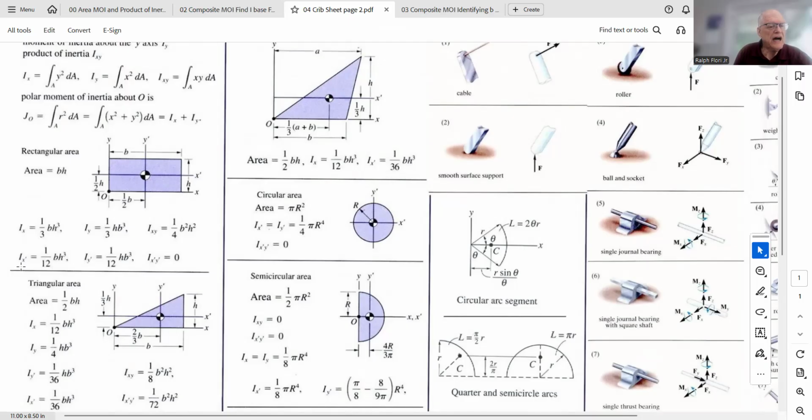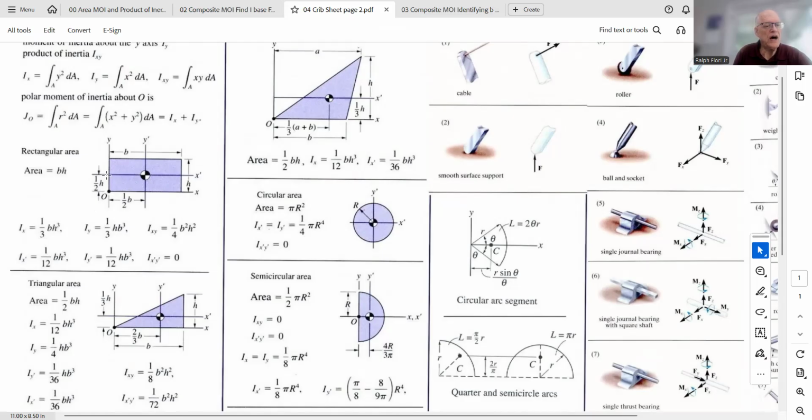So the I about the x prime axis, the centroidal I, is 1/12 BH cubed, as expected. And the I about the base, so IX is about the base, and that's equal to 1/3 BH cubed, as expected. About the y-axis, though, he gives you a different formula.